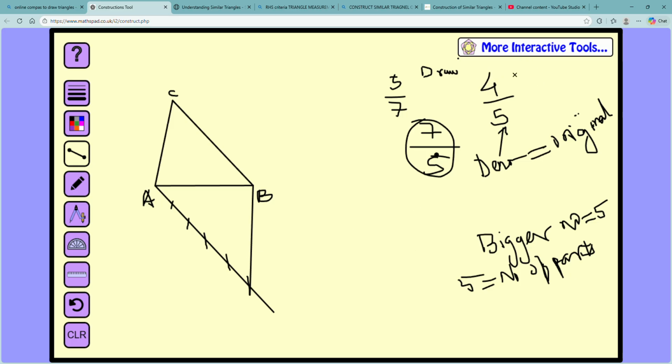Now 4 by 5. 4 is the new triangle that we are going to draw inside, because 4 is less than 5. Since 5 is original, the new triangle will be smaller compared to the original triangle. The 4-scale triangle will be the smaller one.